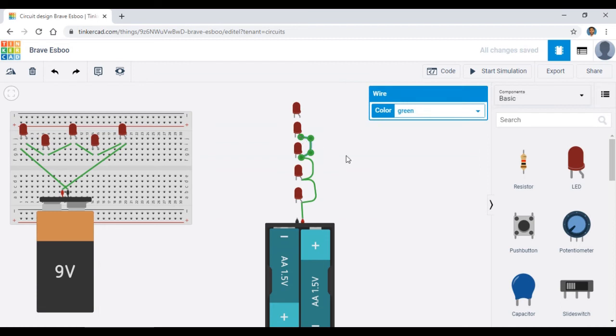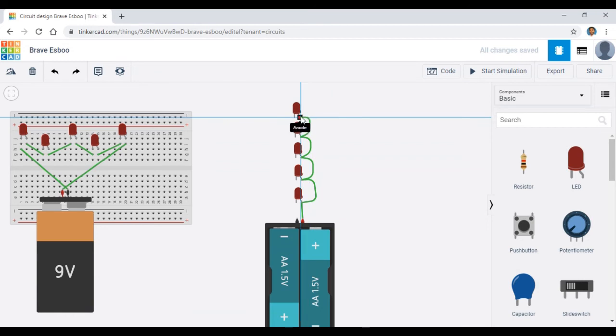Likewise I am connecting all the anodes with the positive of this battery.